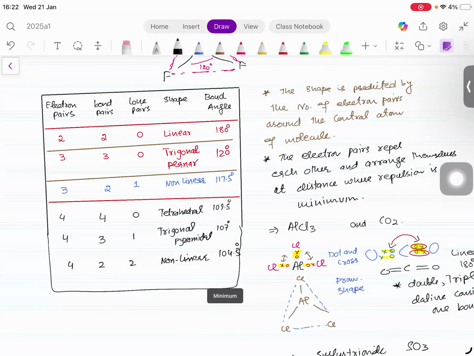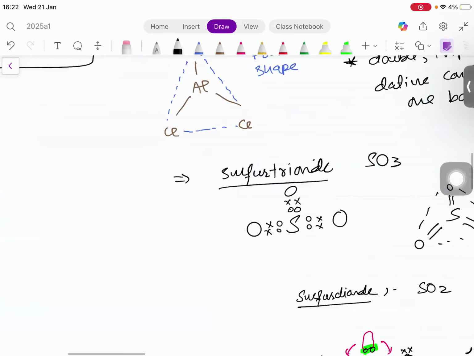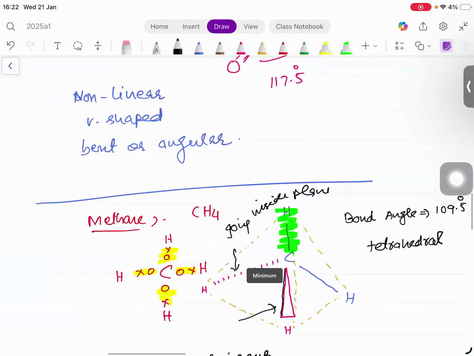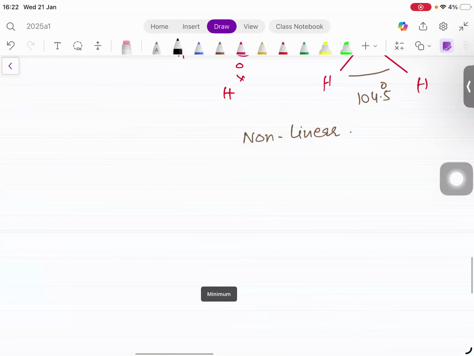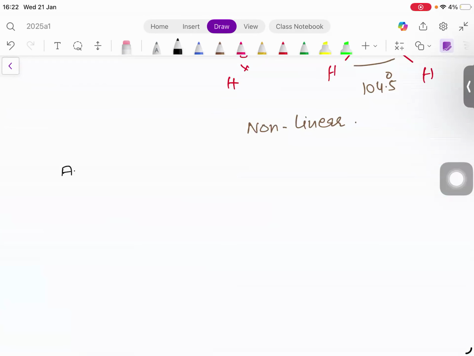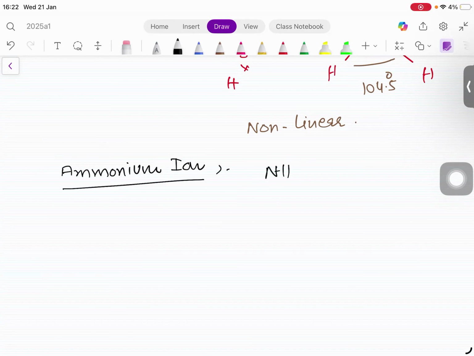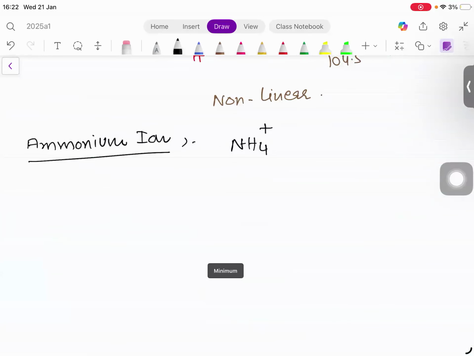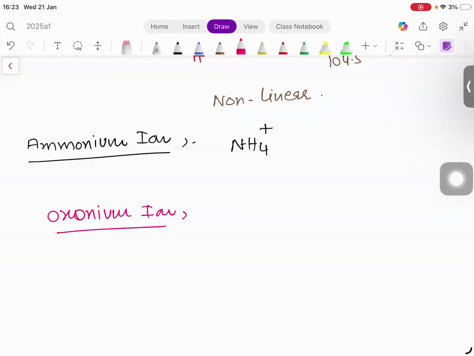Similarly, now let's move on to this. Before I move on, I would like you to draw a few diagrams here. Ammonium ion. I need you to show the bond angles and diagram for the ammonium ion, for the oxonium ion. We had the dot and cross diagrams previously, yesterday.